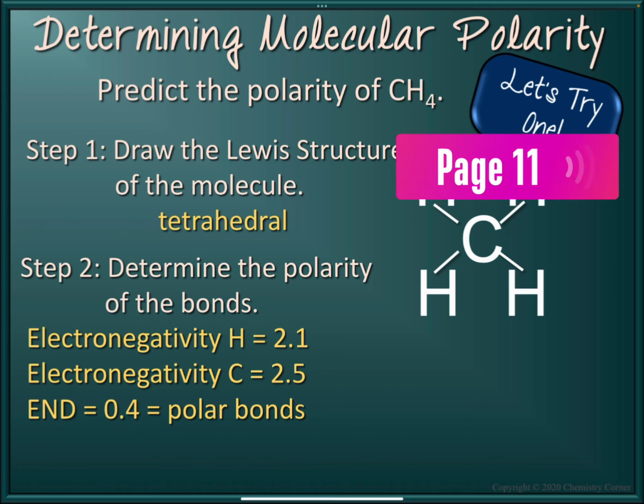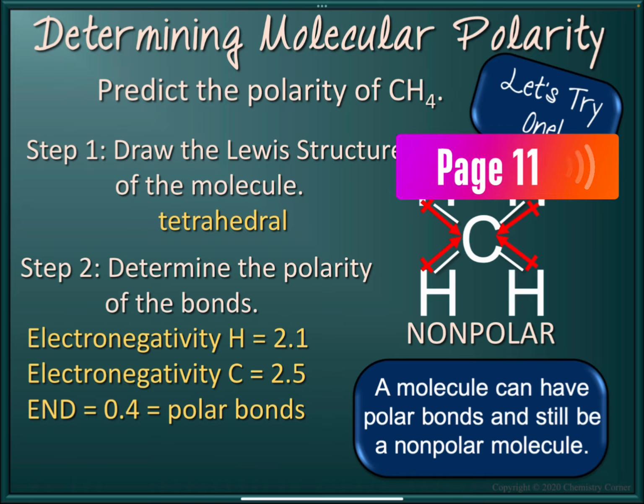The difference in electronegativity is 0.4, so it is a slightly polar bond. So if we draw all of those in, carbon has the higher electronegativity, so all four of those bonds are pointing inward toward the carbon. Because it's tetrahedral and completely symmetrical, it's going to be a nonpolar molecule.